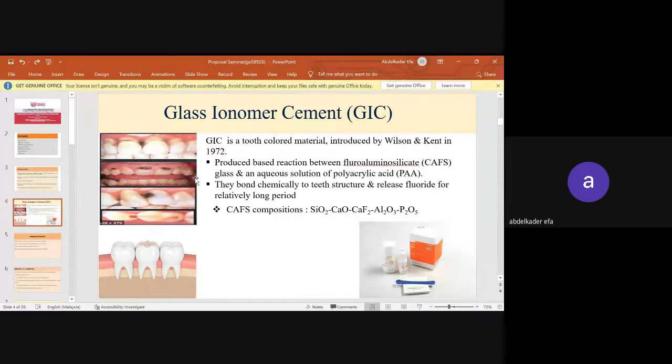Glass ionomer cements are based on the reaction of silicate glass powder and polyacrylic acid. This reaction produces a cement of glass particles surrounded by a matrix of fluoride elements, and it is known chemically as polycarbonate.